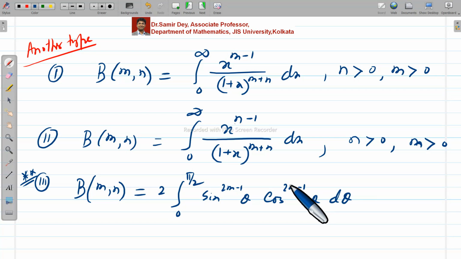Clear? This is the most important formula.